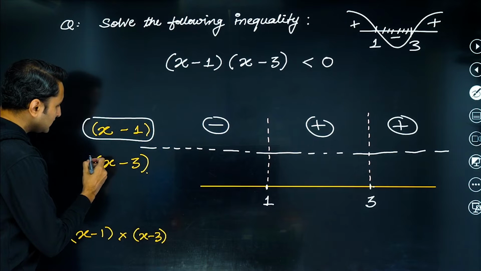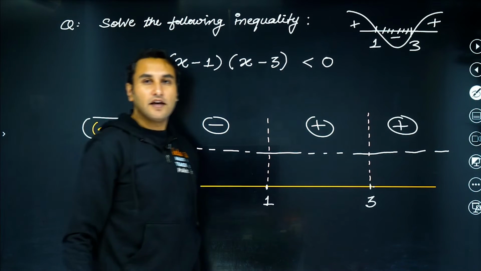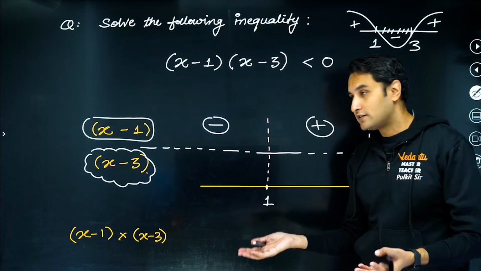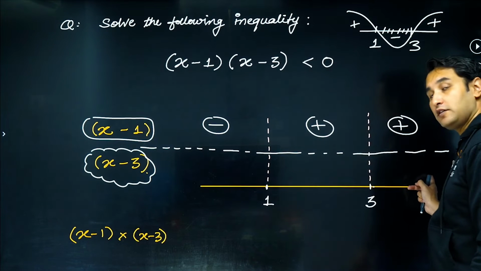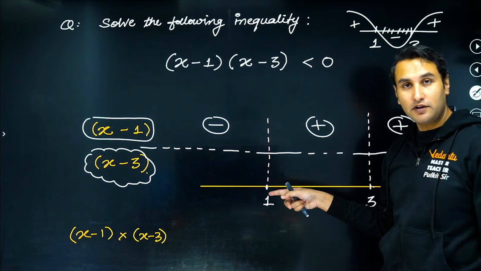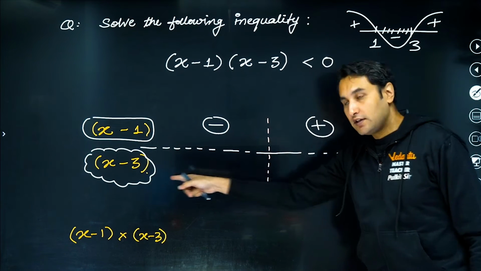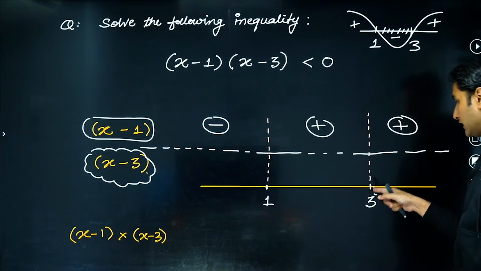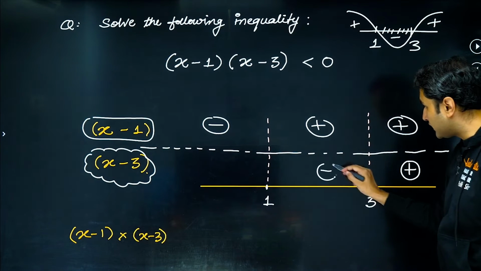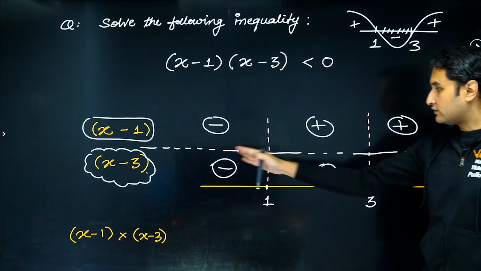Now let us write the sign of x minus 3. Similarly, where does x minus 3 change its sign? To the right of 3, positive, to the left of 3, negative. Remember, beginning of the class, what we did? So x minus 3 is 0 at 3, it is positive towards the right hand side of 3 and will be negative on the entire portion to the left hand side of 3.